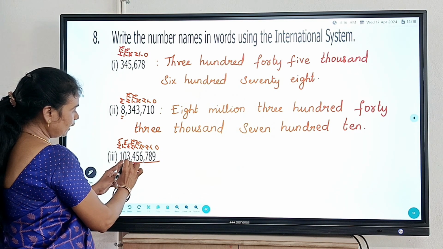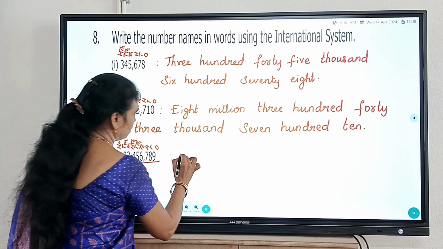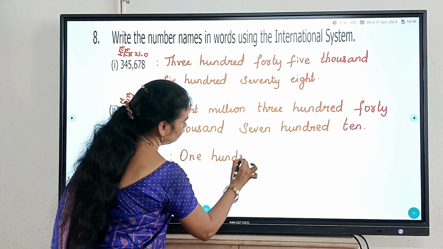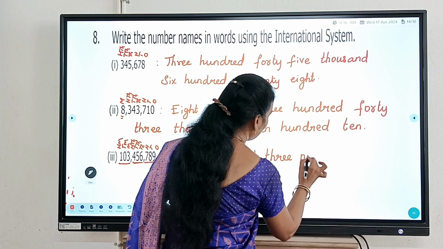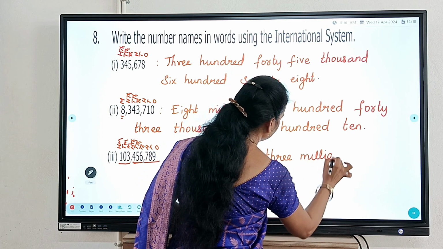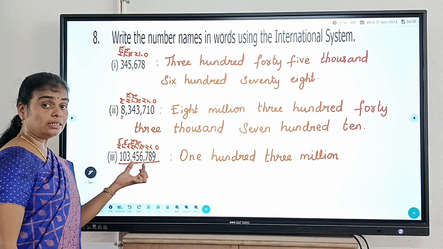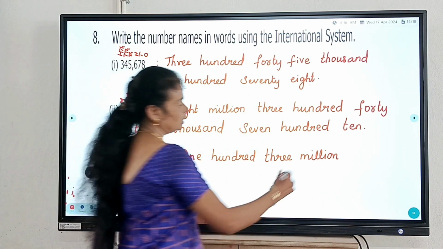So 103 million together in the group. We are going to write in spellings now. 103 million. Next one, it is in the thousands group. So 456,000.